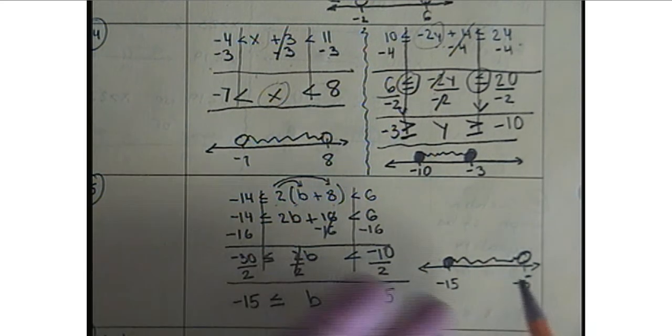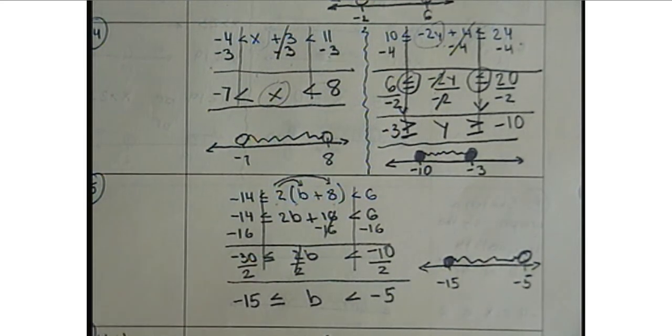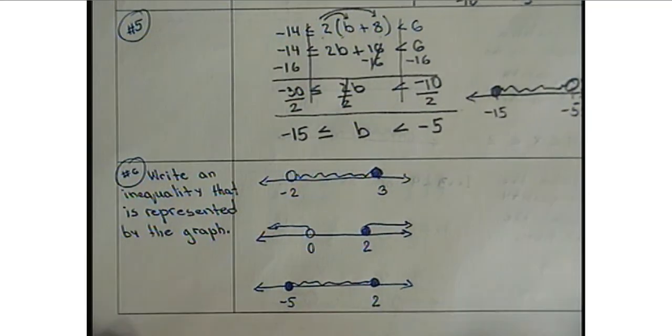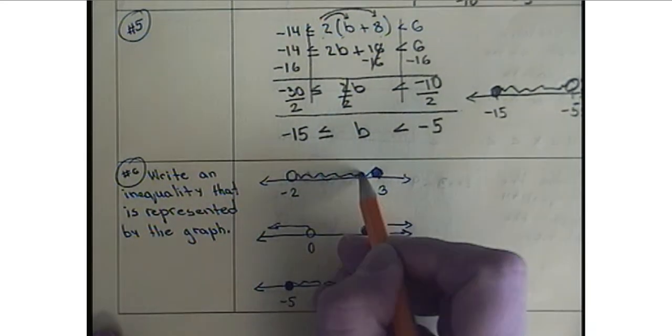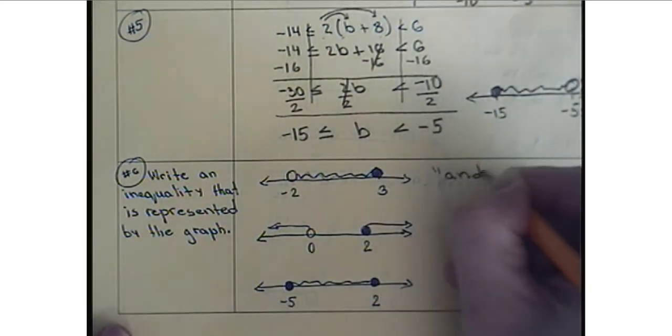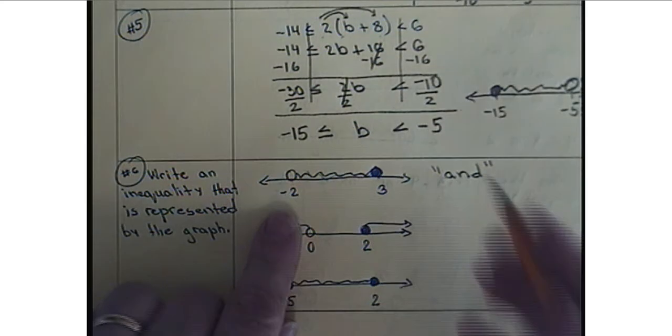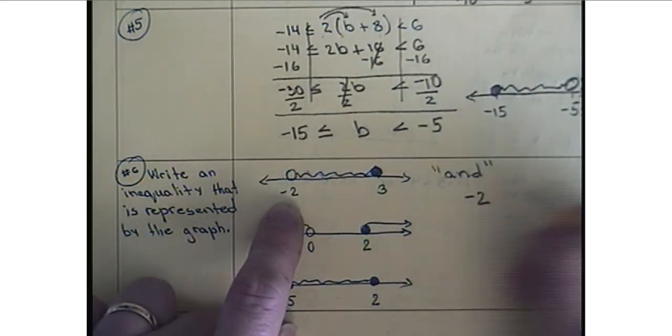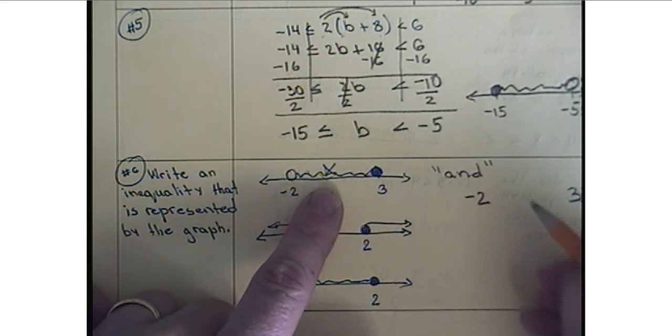Just the last thing that I want to give you as an example: if you have already given a graph, then how do we write the inequality going backwards? So look at this. By all the examples, you guys know already that if we have solutions between, this is AND form. So we have AND form here. And the first number will be negative 2, then we have 3, and let's call those solutions x in the middle.